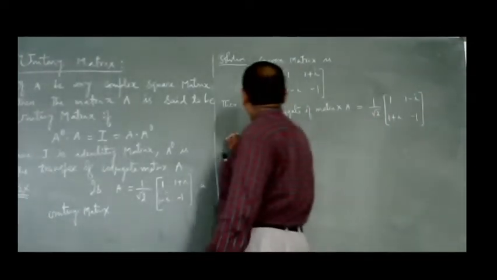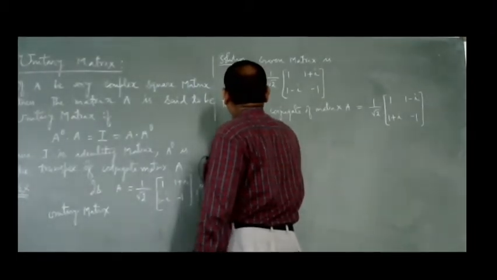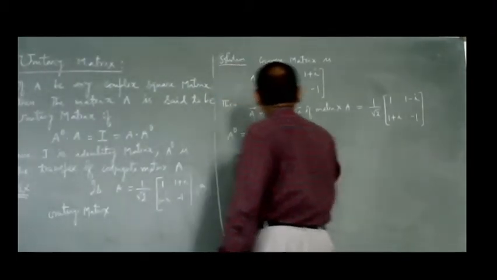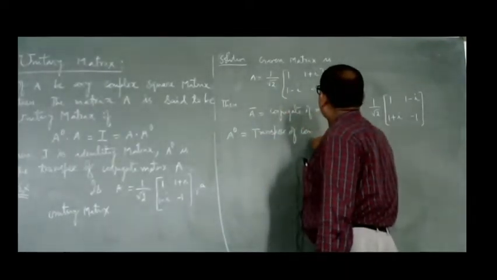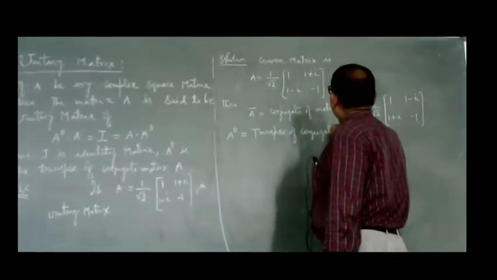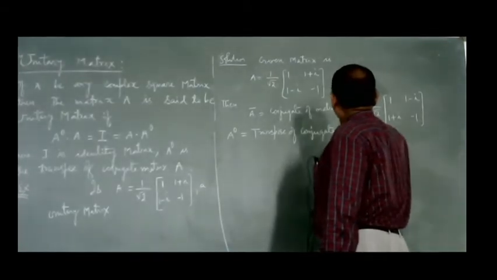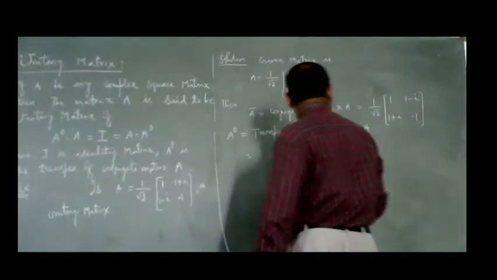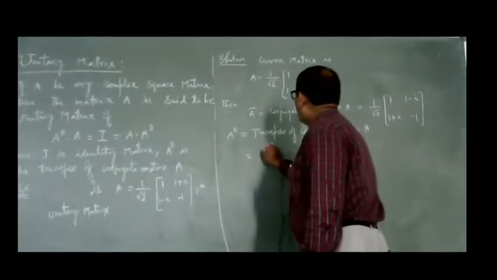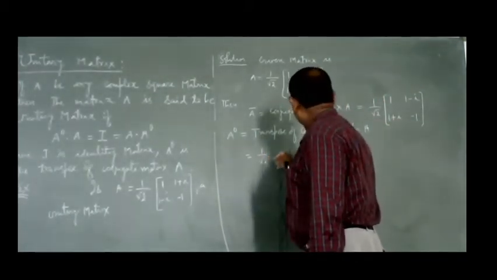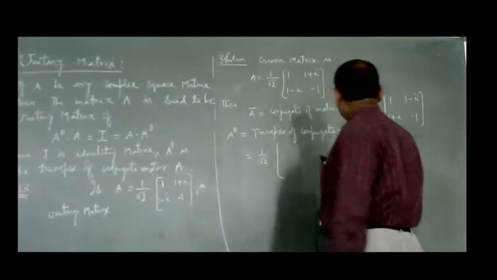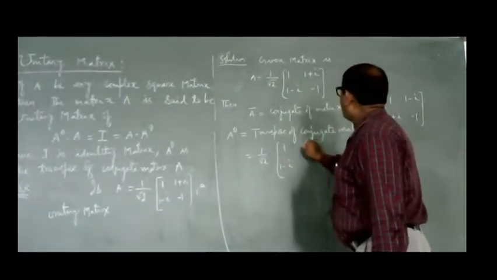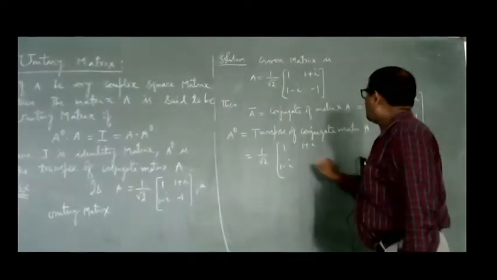Let me find A theta. A theta is nothing but the transpose of conjugate matrix A. So here you find 1 by root 2 times 1, 1 minus i, 1 plus i, minus 1.